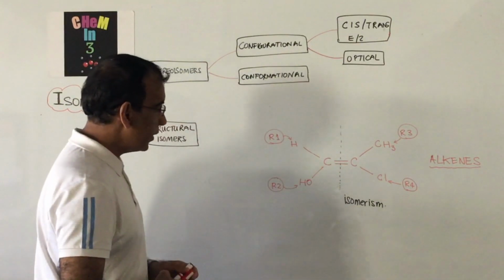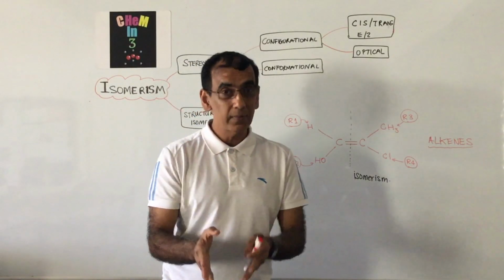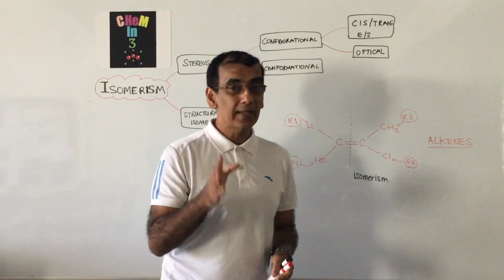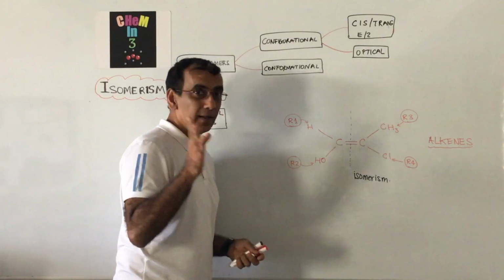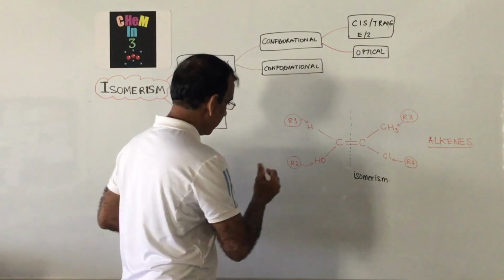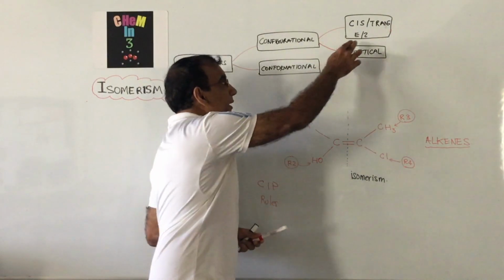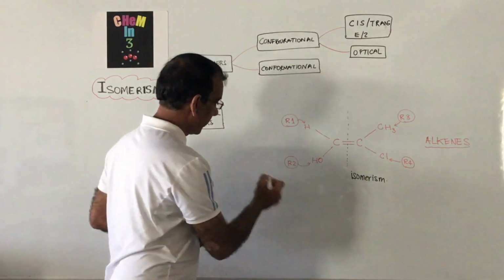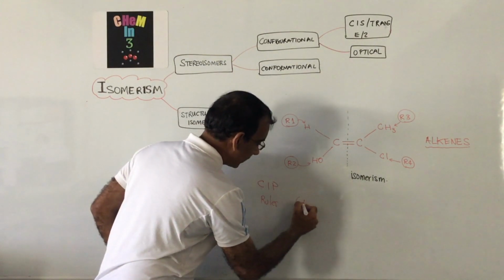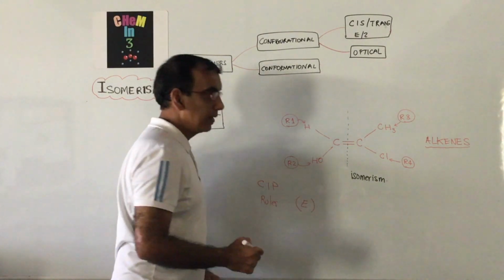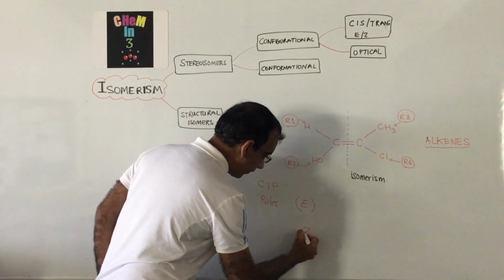When you have that situation, then you would have isomerism, and then you must follow the Cahn-Ingold-Prelog rules from 1966, the CIP rules, to decide whether you have an E version of the isomer, which is represented in italics and in brackets, or a Z version of the isomer.